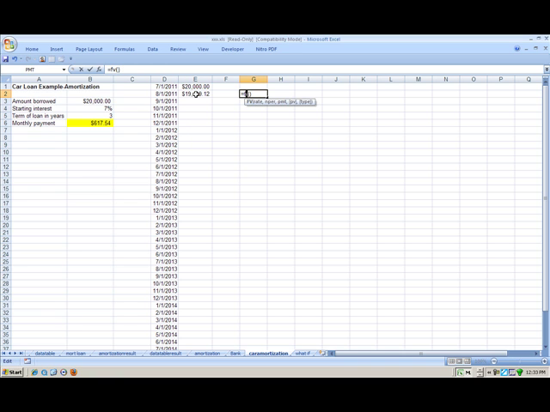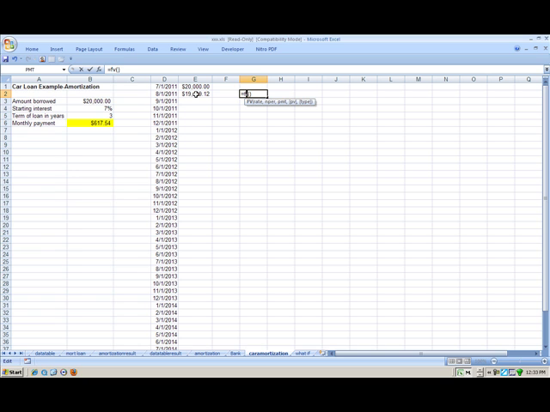So again, we have the rate is the rate per period, NPER is the total number of payment periods, PMT is the payment made each period, and PV is the present value, which is how much one owes at the end of each period. NPER is equal to 1 instead of 36, since it is a 1-month period for each payment.